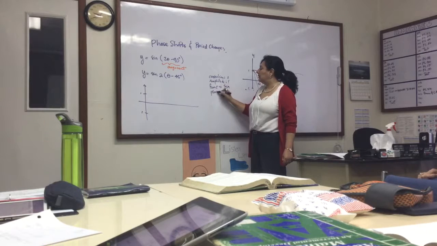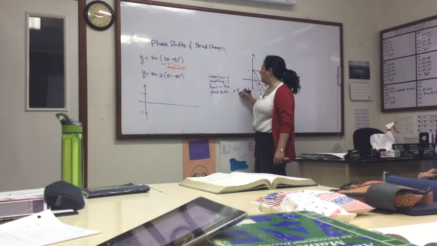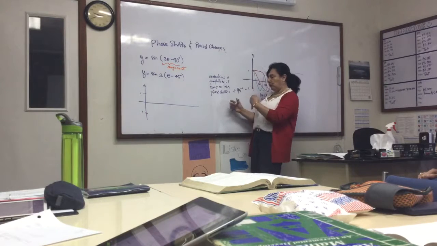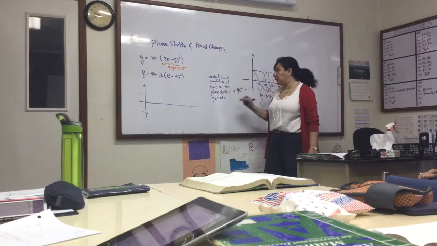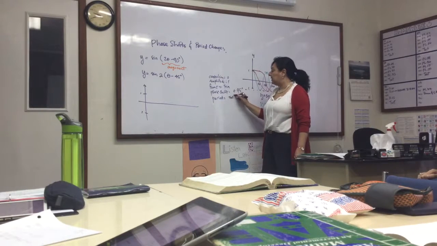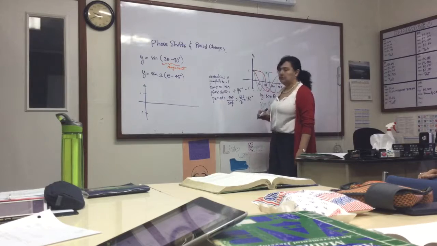Phase shift? Plus 45, right? So that means it's going to start on this side. And the period? 180, because it's 360 divided by the coefficient, 360 divided by 2, 180.